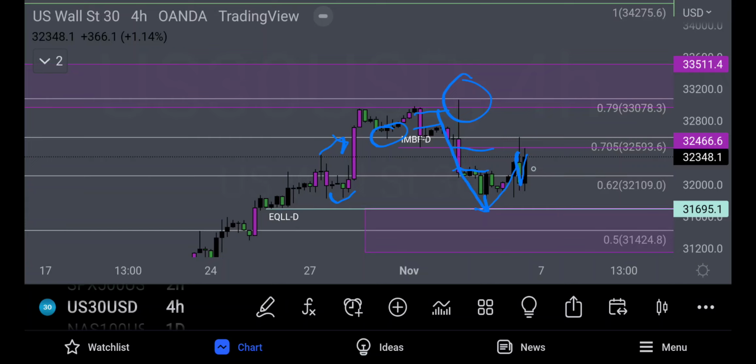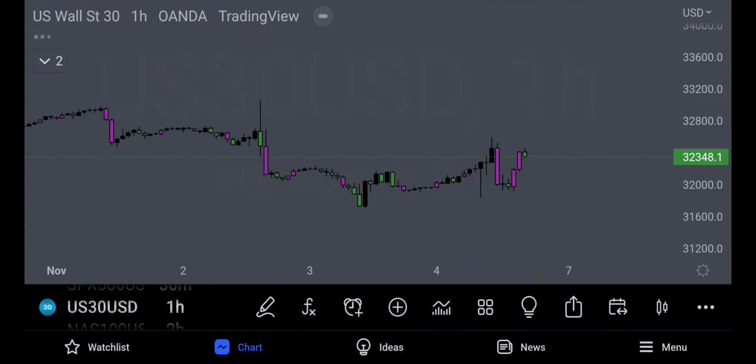Again, I'm looking for these equal lows right here to be taken out, as well as coming down into this weekly FVG. So on the 4 hour, I'm bearish as well. Let's drop down to the 1 hour.